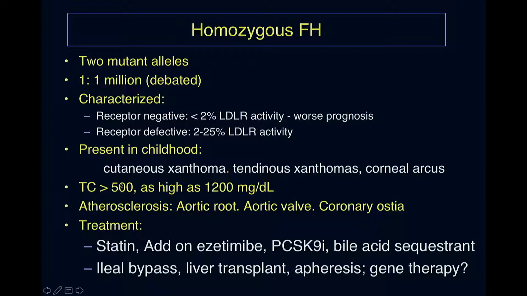I'll give examples of that. The LDL levels are very high. The total cholesterol levels are very high. Atherosclerosis is quite prominent. And the treatment, of course, is statins, adding ezetimibe, PCSK9 inhibitors, even bile acid sequestrants, and ultimately going on to ileal bypass, liver transplant, apheresis, and interest in gene therapy.